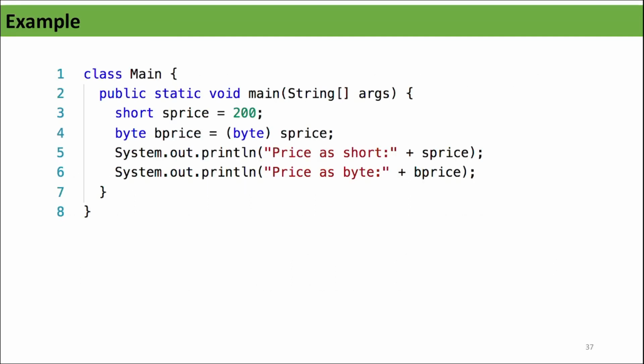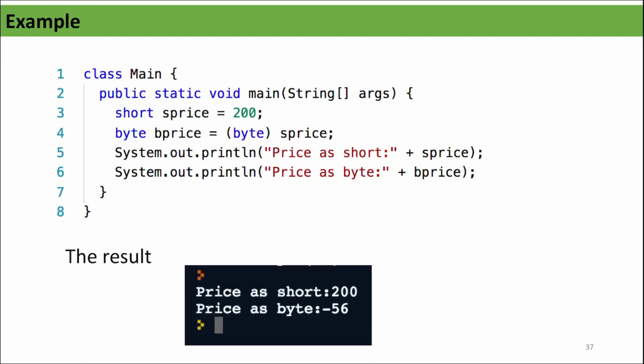Now, if you do this, this is again price. We created a short, call it s price, and it holds 200. And we're trying here to cast it into byte, a new variable b price, and we're casting it as a byte. So the 200 we want to fit into the byte, we cannot fit there. If we do that, we'll get a result like this. The 200 will not come out as 200, it will be minus 56 because it doesn't fit.